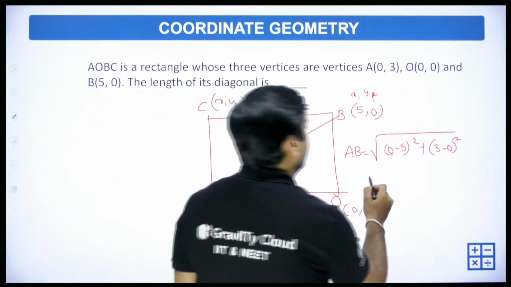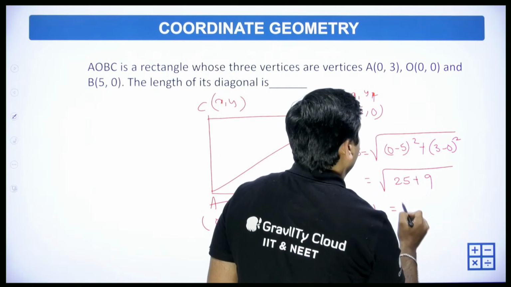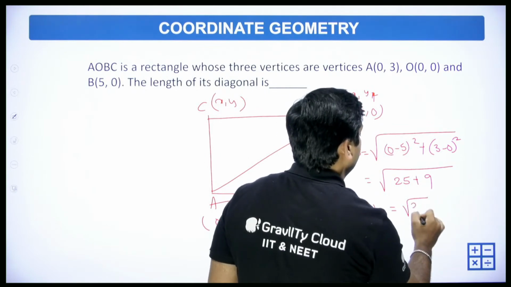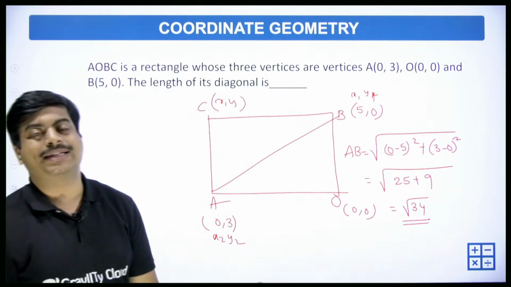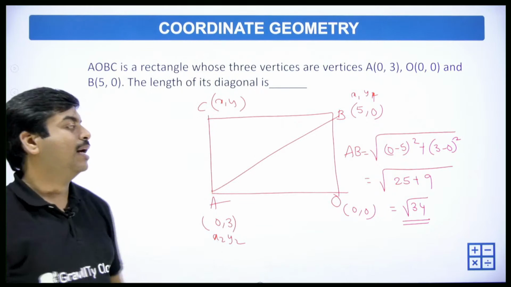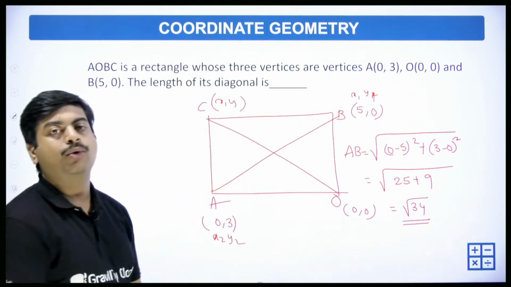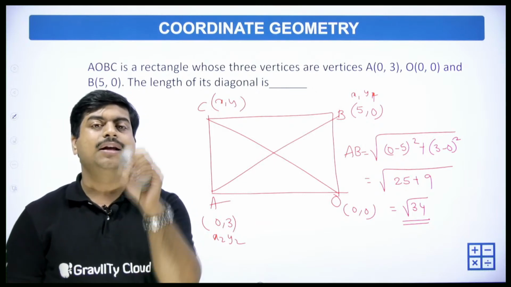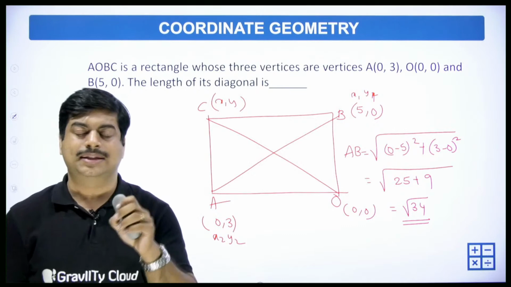So 0 minus 5 whole square is 25, plus 3 square is 9. Root 25 plus 9 is root 34. So root 34 units is the length of the diagonal AB as well as the length of the diagonal OC. In a rectangle, both the diagonals are equal.